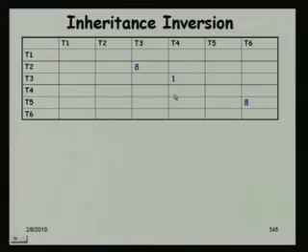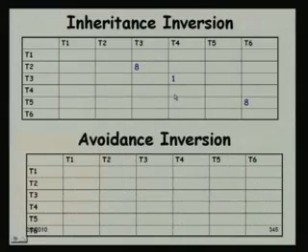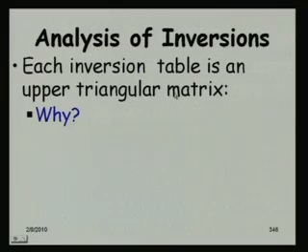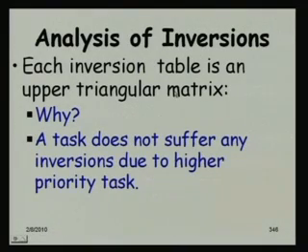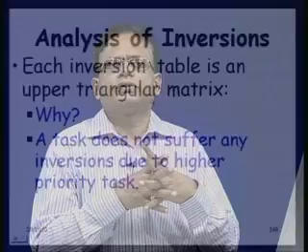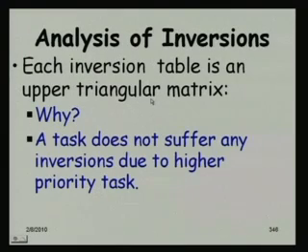So I have written those values here. Now one thing that we need to look at is that for each of these matrices, we just did 3 tables. One is the direct inversion, the other is the avoidance inversion, and we did the inheritance inversion, 3 different tables.